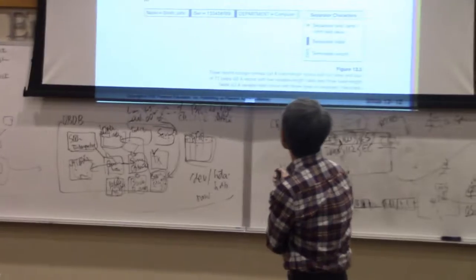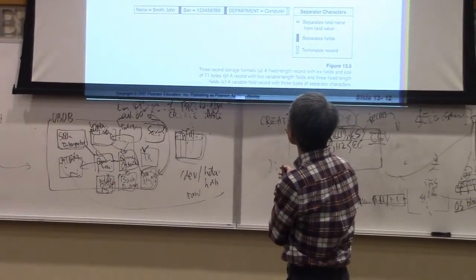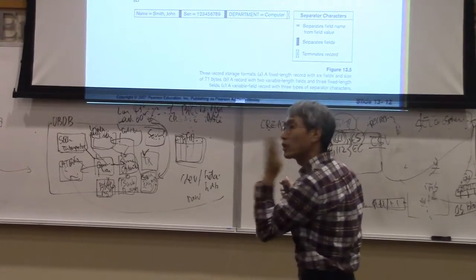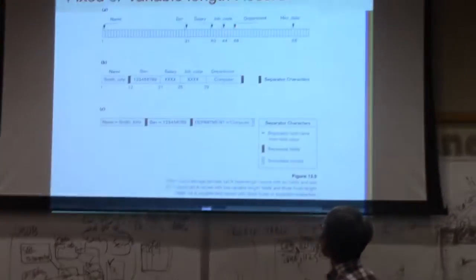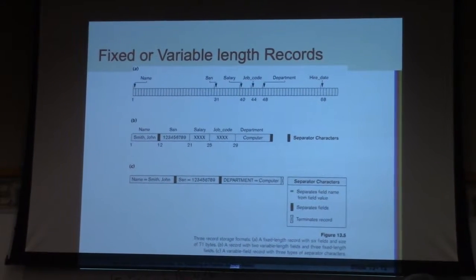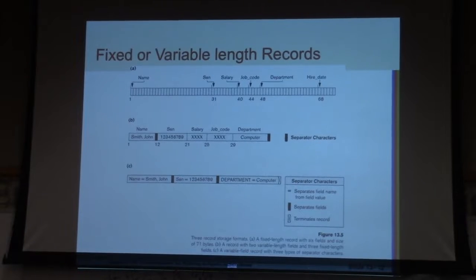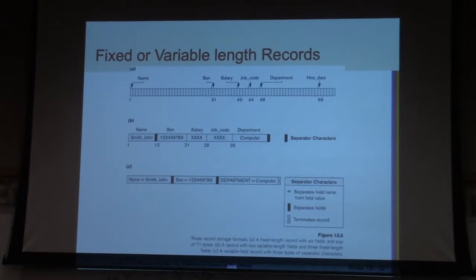Fixed is okay. So we know the name is 35, the SSN is 10 bytes, the salary integer is 4 bytes, and the job code like that. No problem. We can read based on that. Where can you get such information? From here, the catalog database. Then we can read the data, fine.